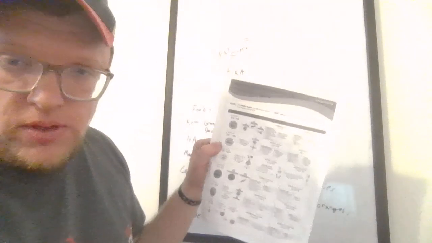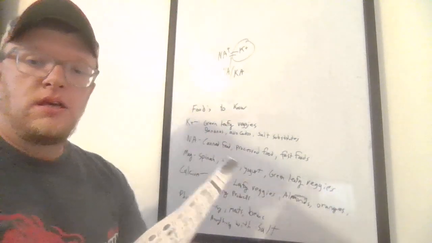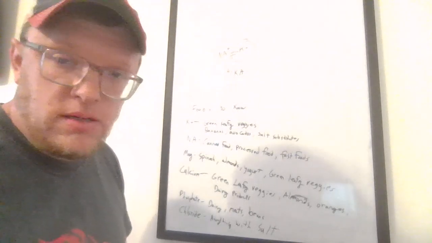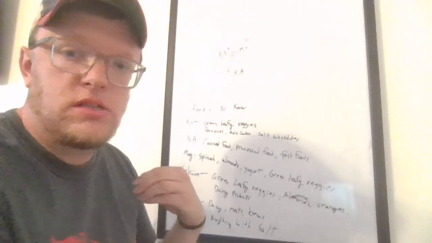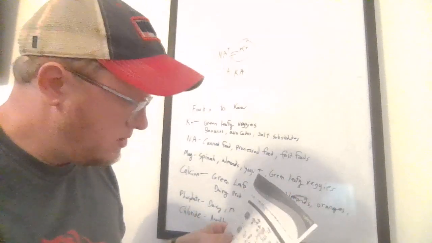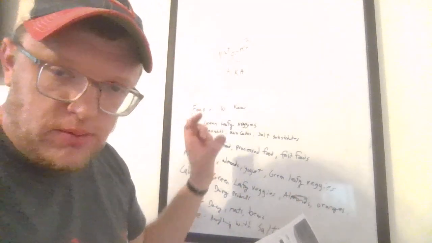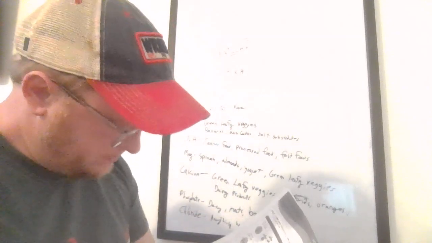But if you can remember these, you're going to be fine. So the function of potassium is, when you think potassium, think heart. It causes our smooth muscle to contract. Our heart's a big muscle. So potassium being in that range plays a major function in how our heart pumps and how it functions.